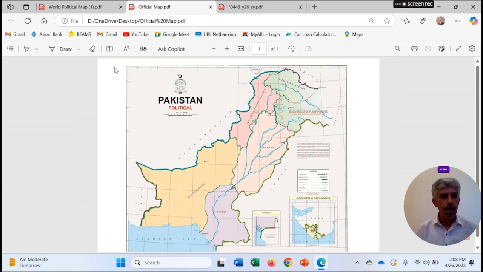So if I explain you the latitudes first, right? You can see here is a line going right at the bottom of Pakistan, touching the lower boundary of Pakistan. This one, this is known as Tropic of Cancer.